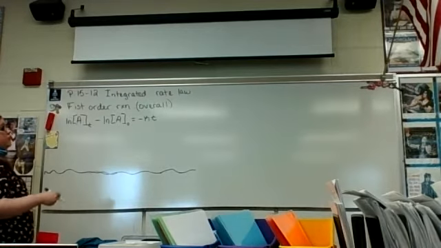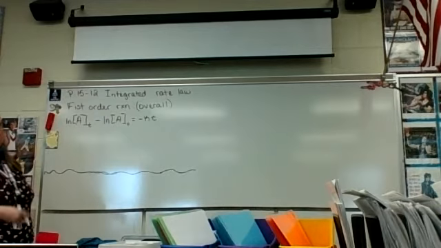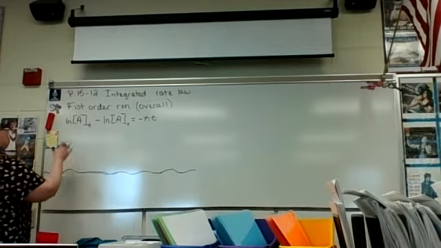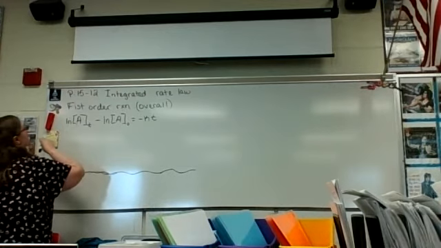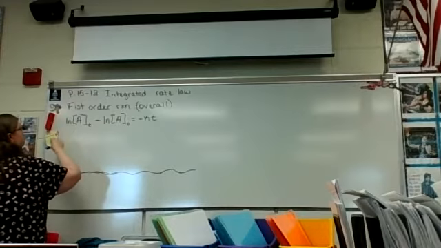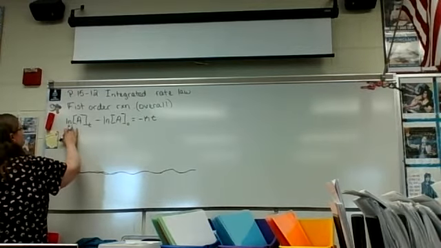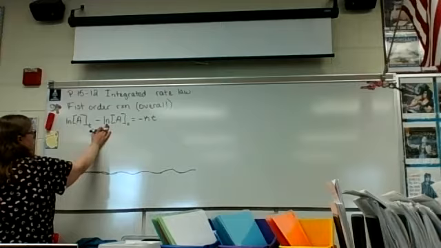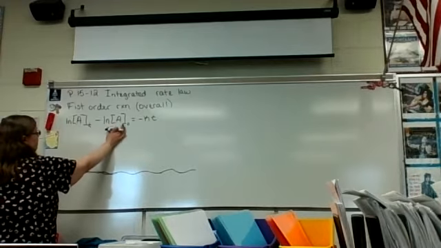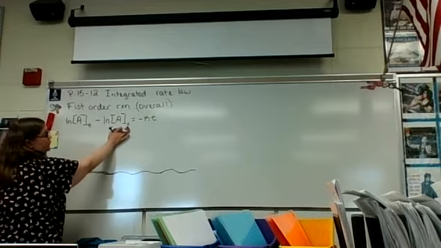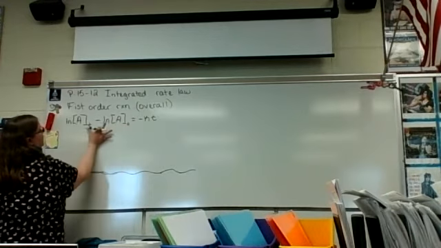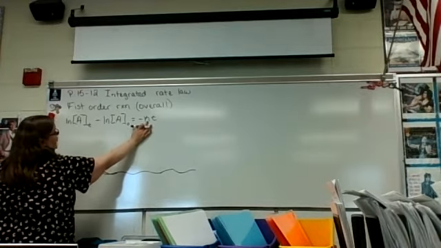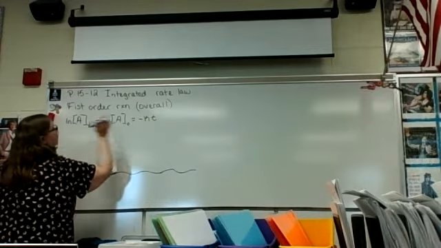I'm not going to show the derivation, although you guys could understand it, but all you need to know, and you will be given these equations, is that the first order integrated rate law is the natural log of the concentration at a certain time, t, minus the natural log of the reactant concentration initially. The zero means initially. And that difference is going to equal negative the rate constant times the time.